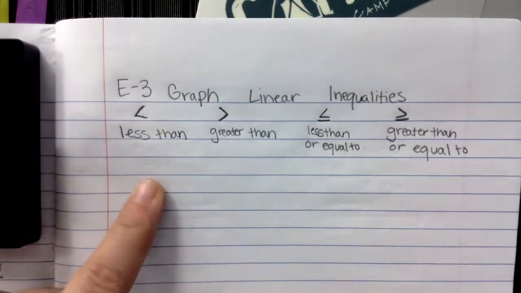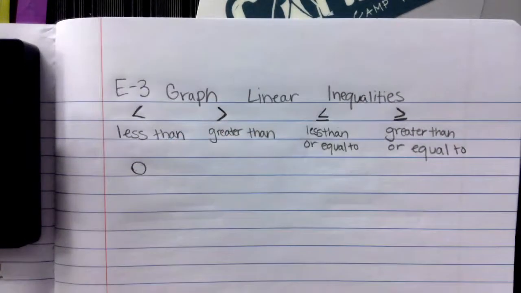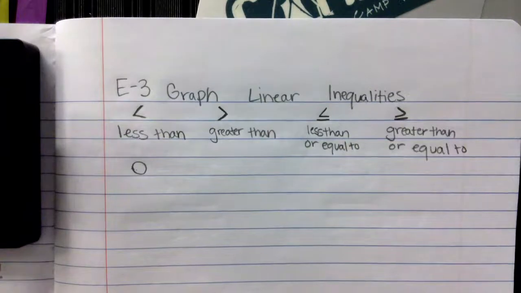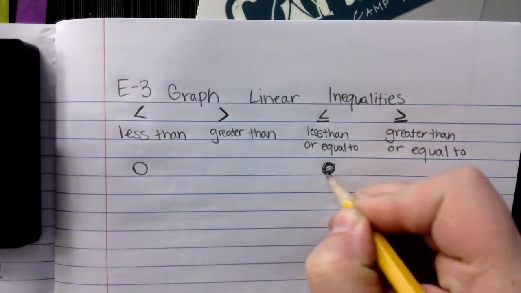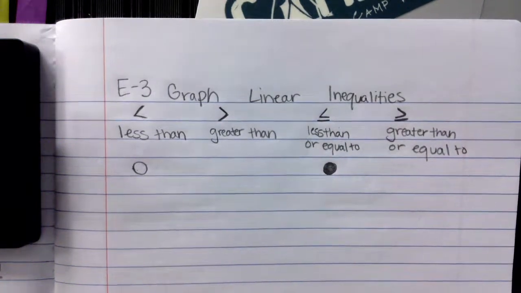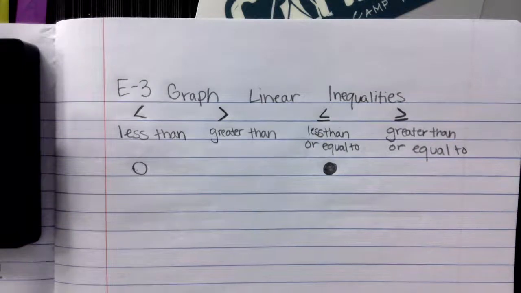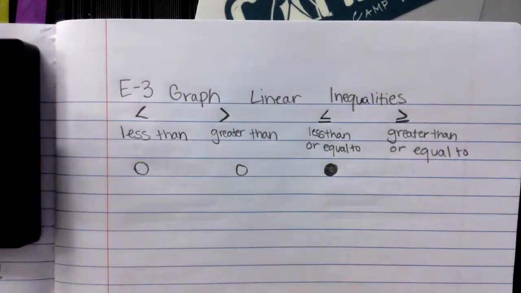Less than or equal to gets a closed circle, which means we shade it in. What about greater than? Open. Just like you're going to miss one of the most important parts, just 45 more seconds. And then greater than or equal to will be closed.